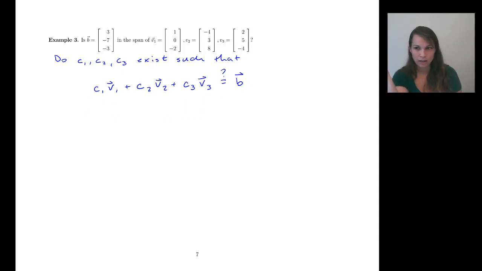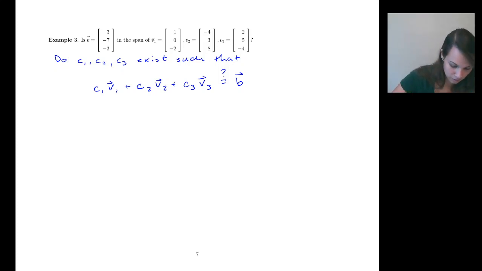Well, it might not be obvious first off, but yeah, there is a way to figure it out. I'm going to use some properties of vectors, and I'm going to manipulate this problem for us.